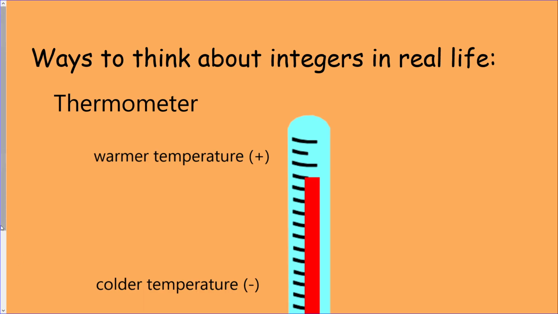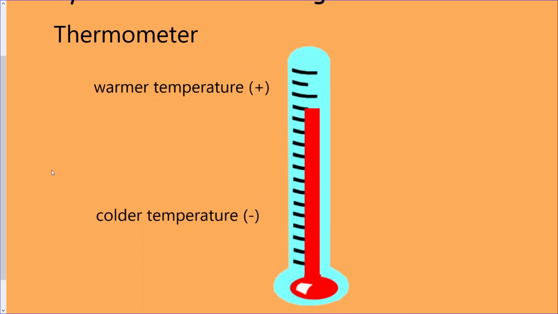Okay, now the thermometer is one that I would like to use because it is a regular one in Canada where we throughout our year go well above and well below 0. And it's one way to think of that idea of integers being larger or smaller with them being negative to positive.